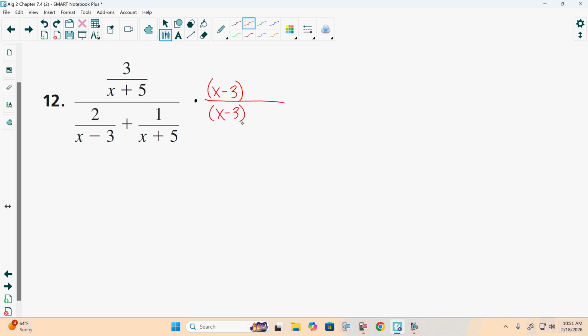Because of the x minus 3, the one on the bottom will cancel with one x minus 3. What else do we need? Yes, we need an x plus 5. Do I need 2 of them? Because it shows up in 2 spots, doesn't it?